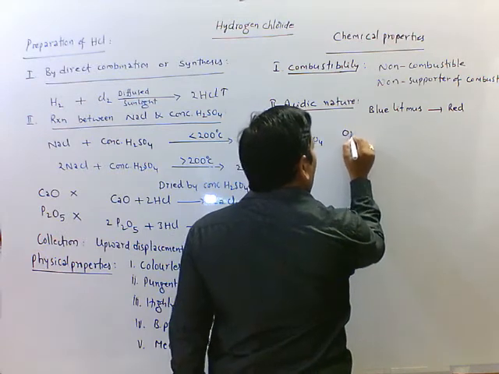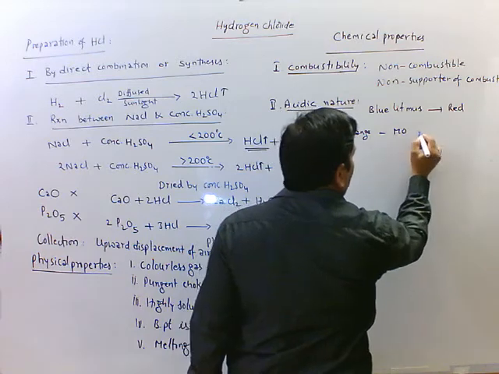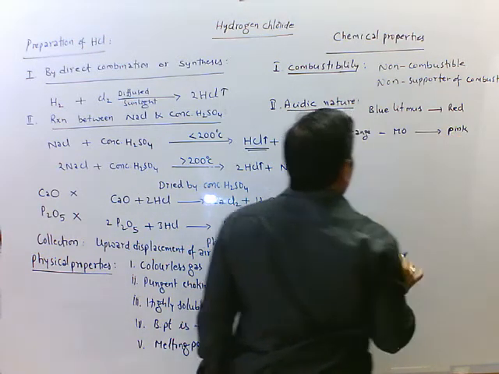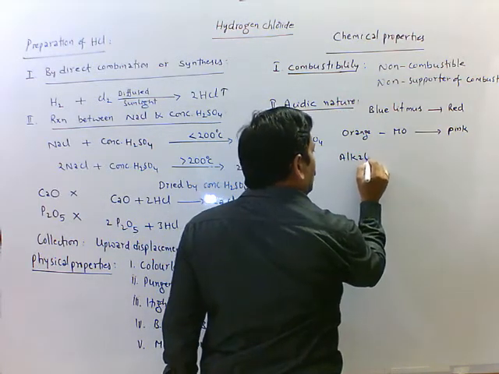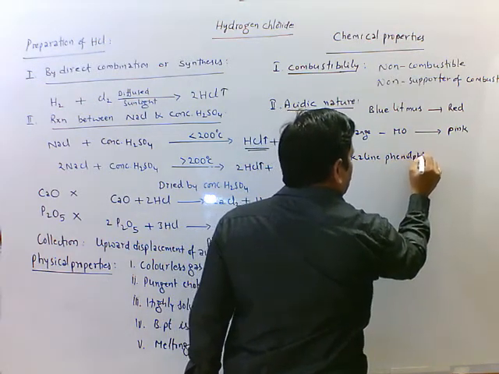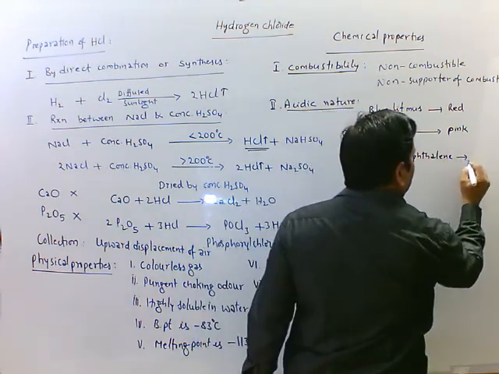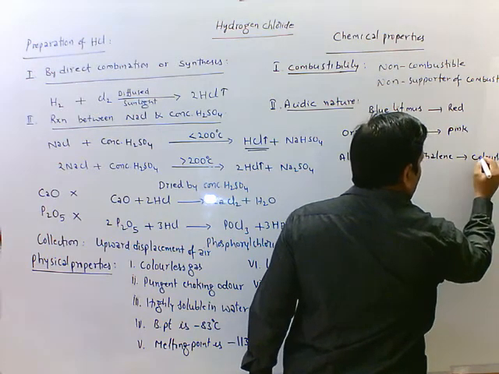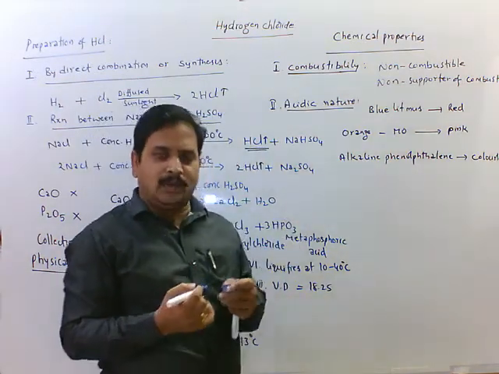Second one, orange color of methyl orange converts into pink color. And also pink color of alkaline phenolphthalein converts into colorless. These are indicator tests for hydrogen chloride.